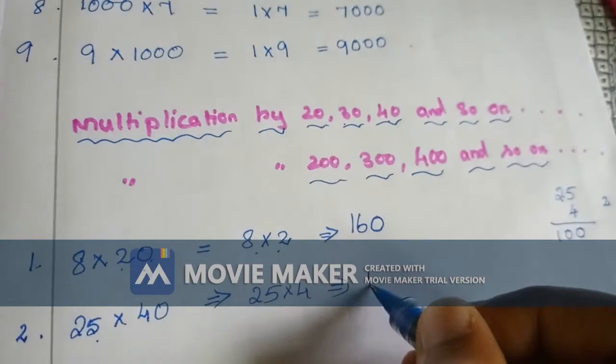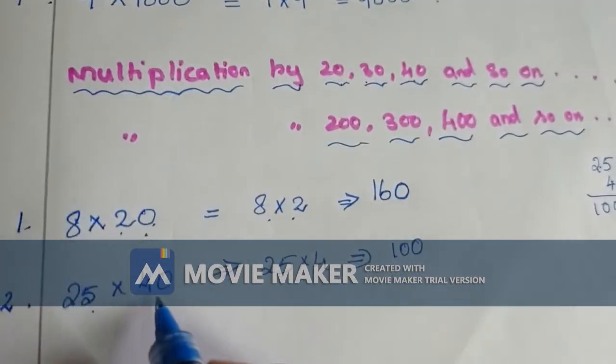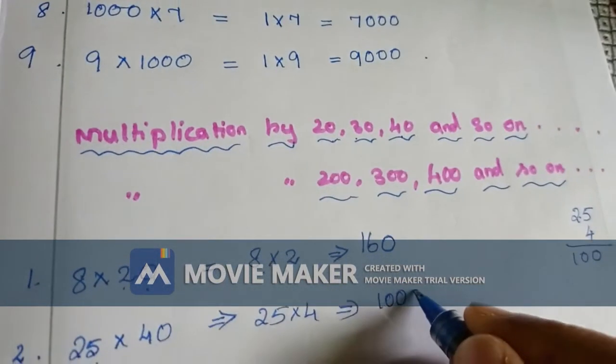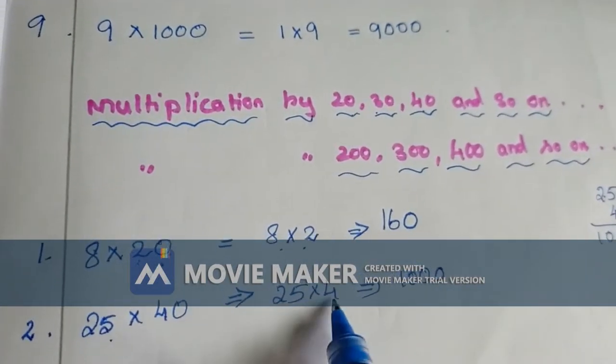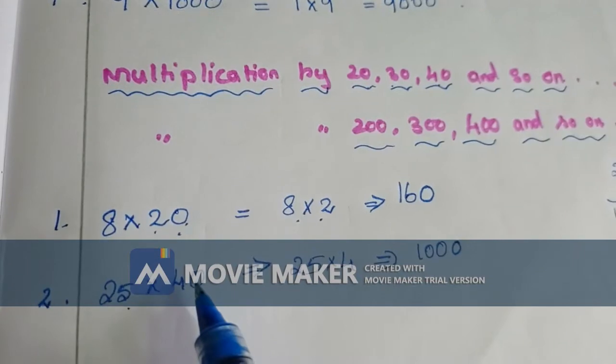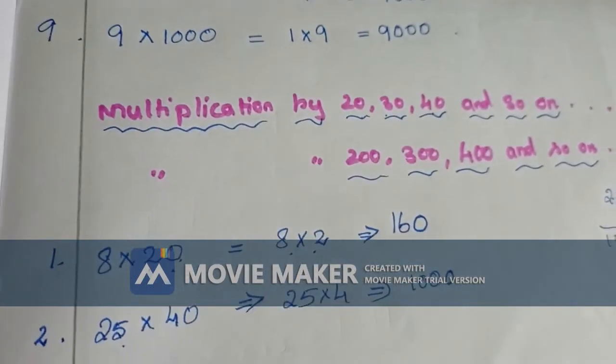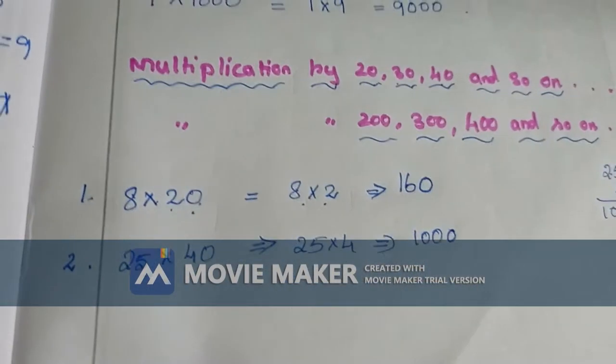Okay, then 100 and one more 0 is there, so you have to add this 0 to this ones place. Okay, so 25 fours are 100, then we have to add this 0 to this ones place.